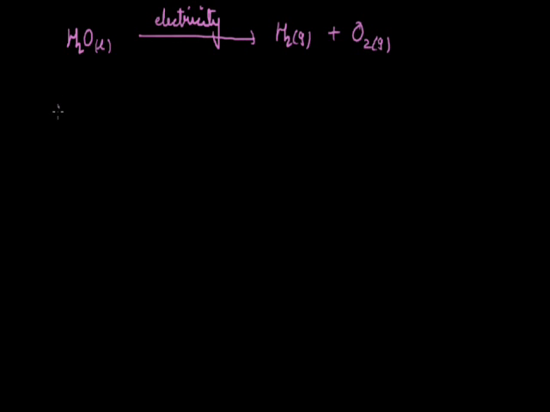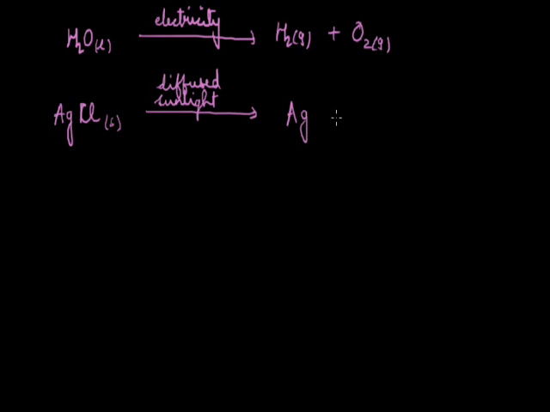One more example of this category is the decomposition of AgCl in the presence of sunlight. It will decompose into silver and chlorine gas. So here we see that the compound is decomposing into two elements.